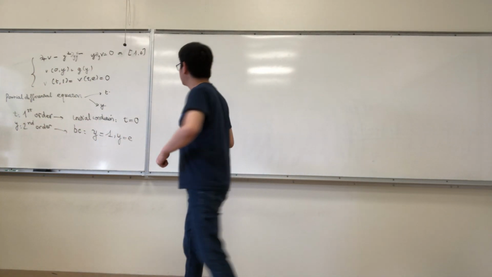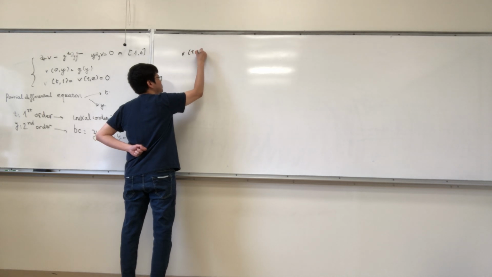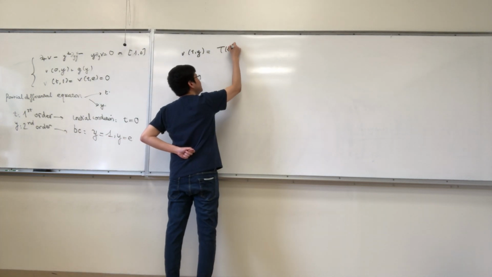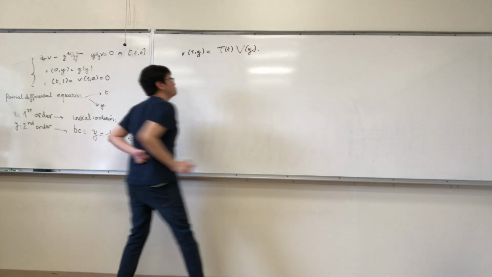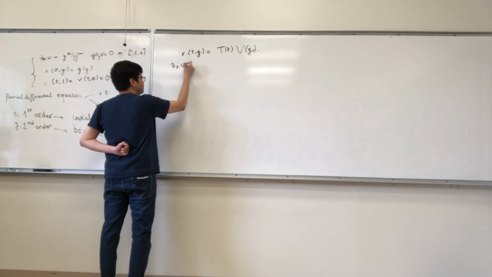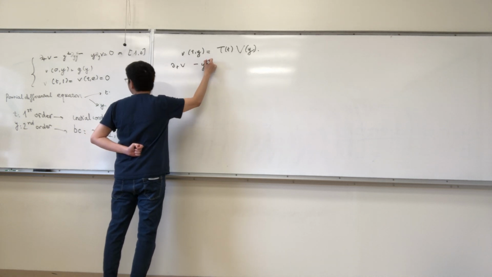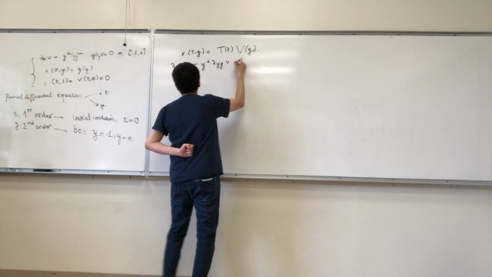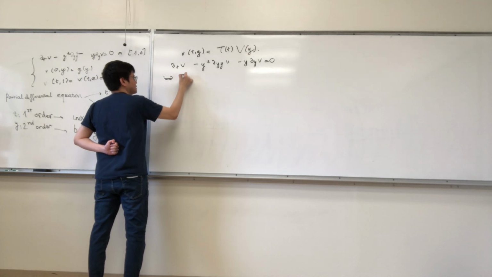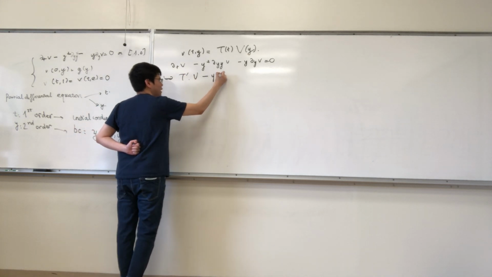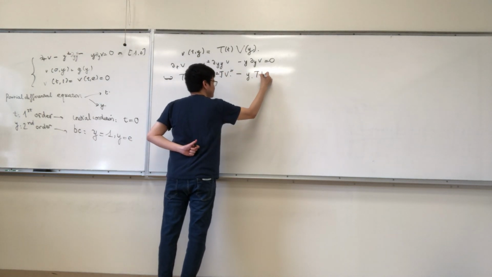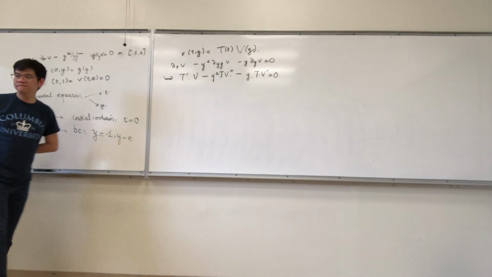So the method that we were trying to use last time was the splitting, or separable. We write v as the product of t times capital V, right? Then you replace the equation, dt of v minus y squared dy second of v minus y dy of v equals 0, which can be written as t prime times V minus y squared times T times V second minus y times T times V prime, and this is 0, right?